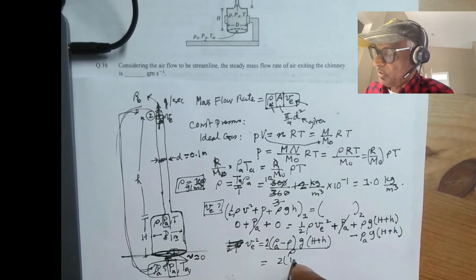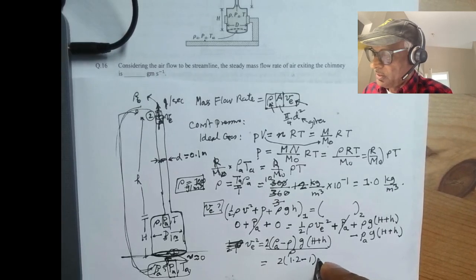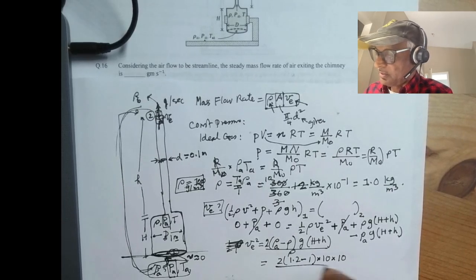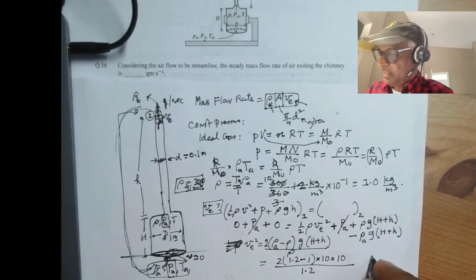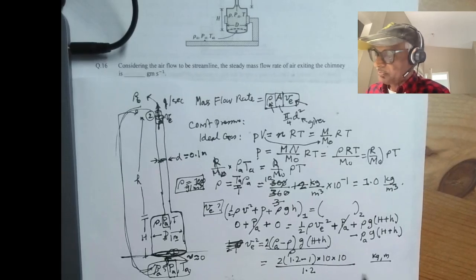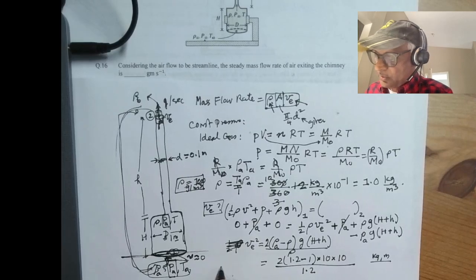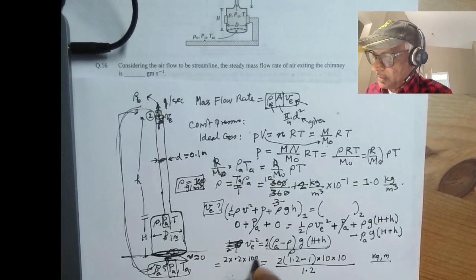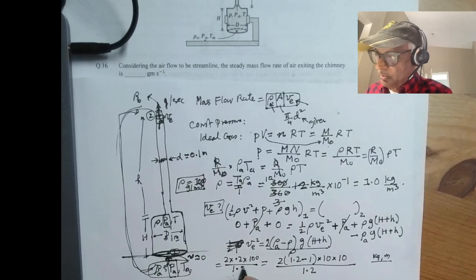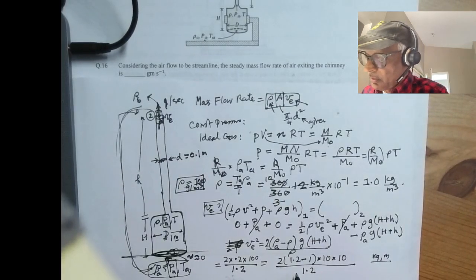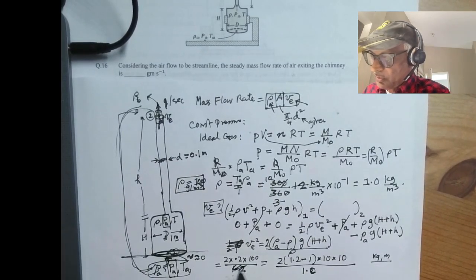So V_E squared is 2 times (1.2 minus 1) times 10 times the 10 in meters, with everything in kilogram and meter units. Let's see: 1.2 minus 1 is 0.2, so this equals 2 times 0.2 times 100 over 1.0, since rho is 1.0 and rho_A is 1.2.